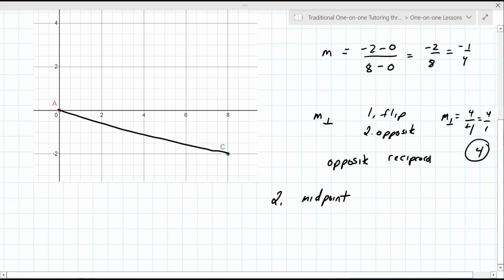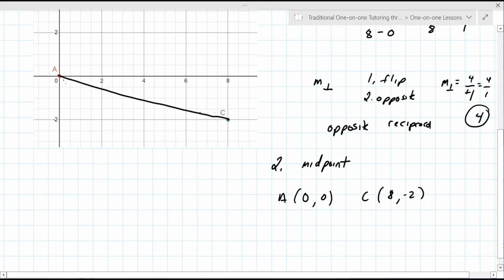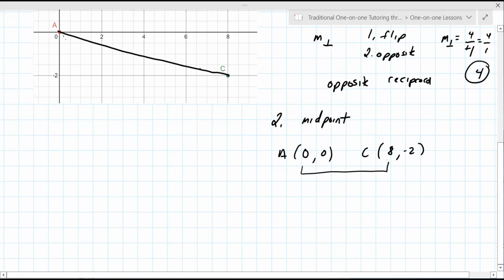Okay, so the midpoint is like the middle of the graph, right? The midpoint between these two points. So A is 0, 0, and C is 8, -2. The midpoint is the average of the x's and the average of the y's. So it's 0 plus 8 divided by 2, 0 minus 2 divided by 2.